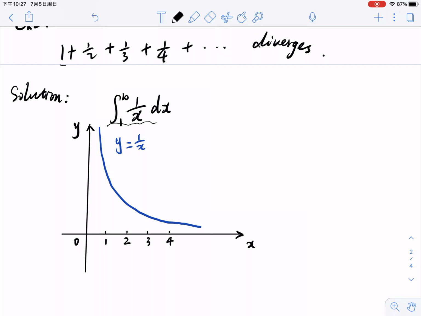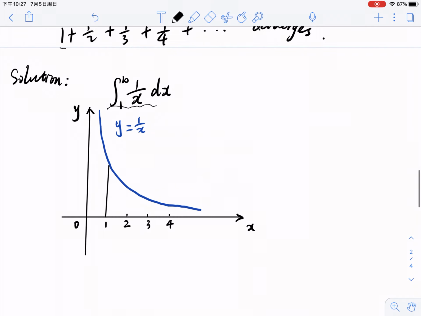Now we draw the rectangles with base 1, where the height is the value of the function at the left endpoint. This first rectangle has base 1 and height 1, so its area is 1. The second rectangle has base 1 and height 1/2, so the area is 1/2.